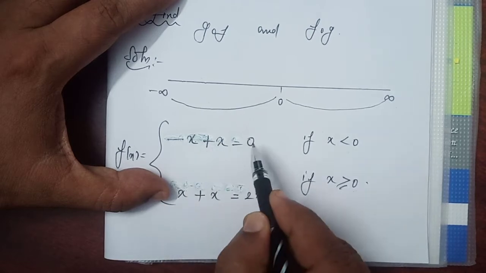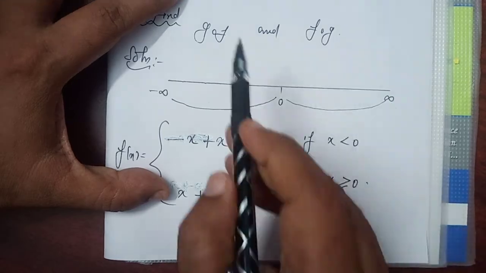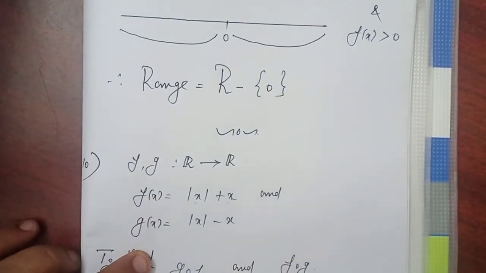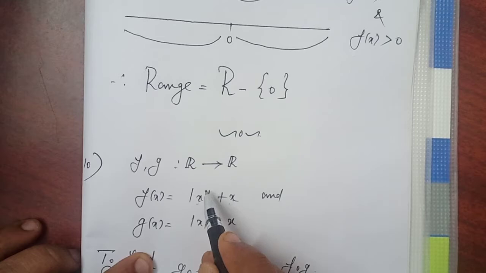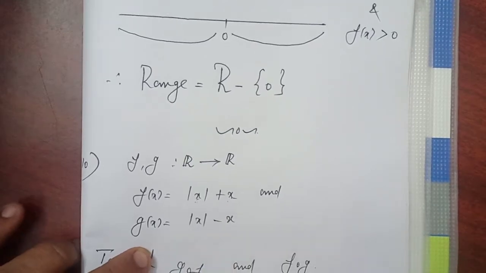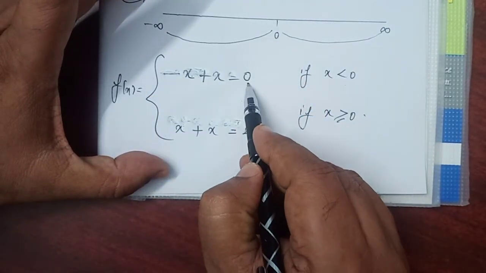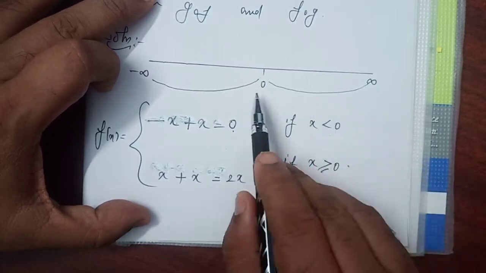Minus 3. 3 minus 3, that is equal to 0. Even here you can check: modulus of minus 3, that is equal to plus 3 because it is an absolute value. 3, and x is minus 3. 3 minus 3, that is equal to 0. So in this interval, what is the value? 0.